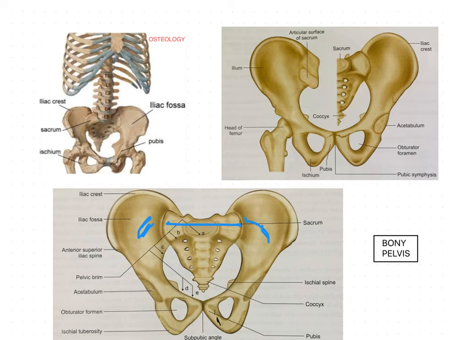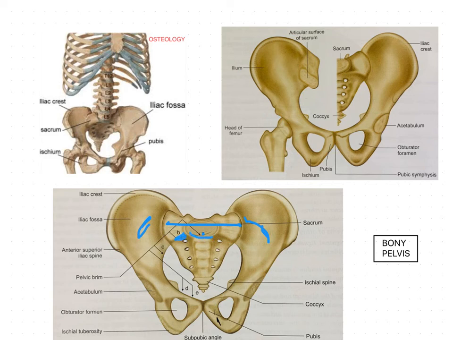So what are the structures? One is the sacral promontory, and the ridge separating the superior and anterior surfaces of the sacrum, that is the B part.